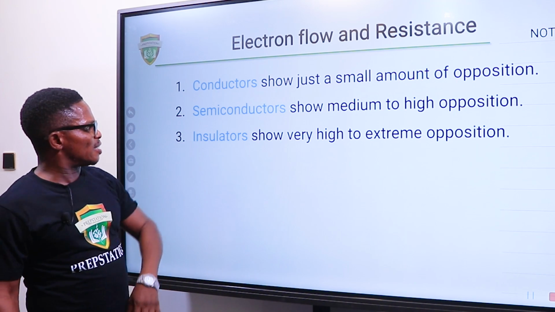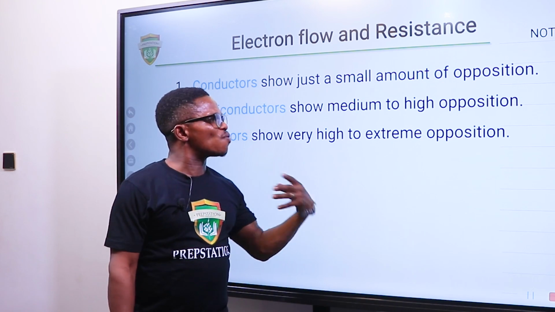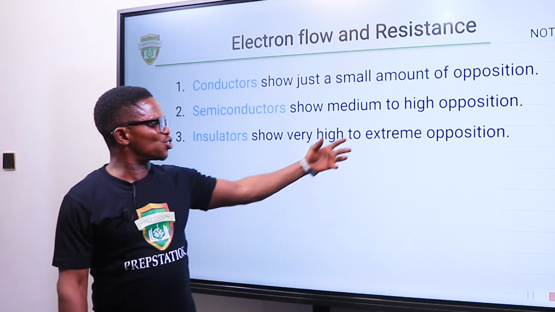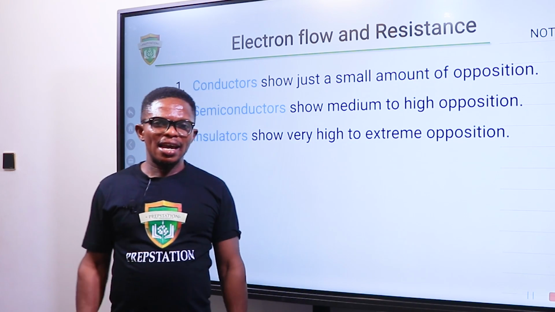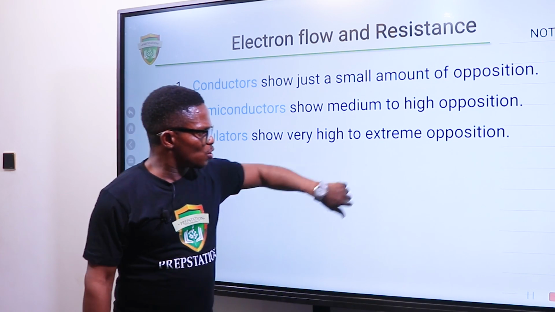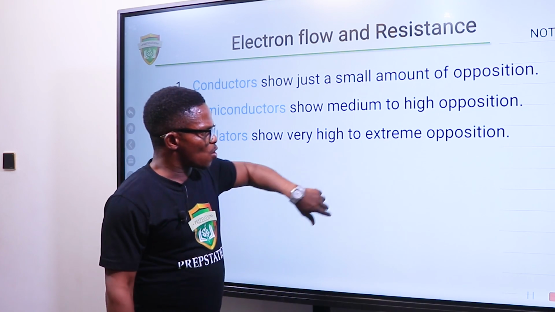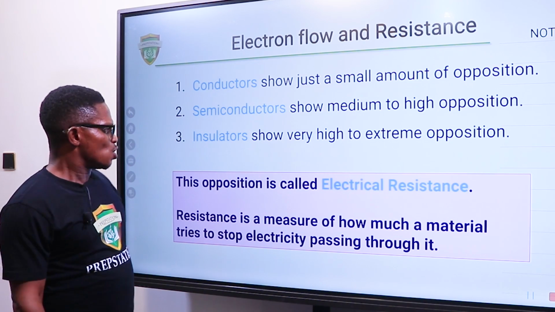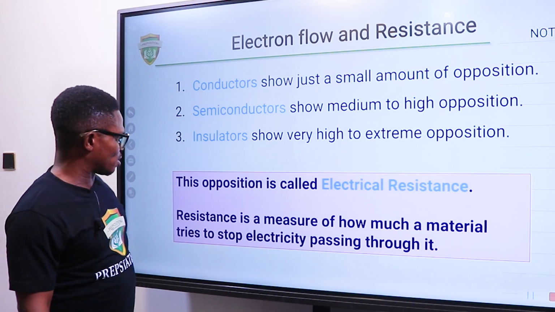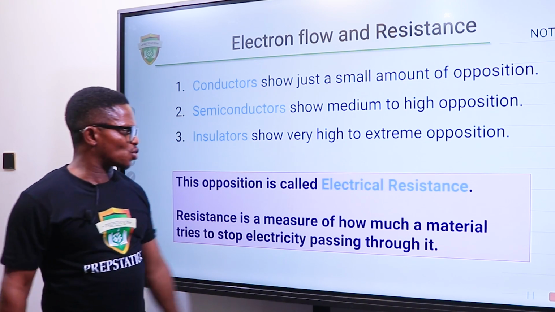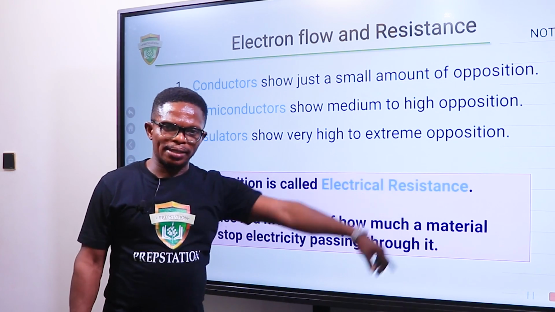Now, number three is insulators. They show very high and extreme opposition to the flow of current. All right, so with this in mind, what is resistance? This opposition is called electrical resistance.